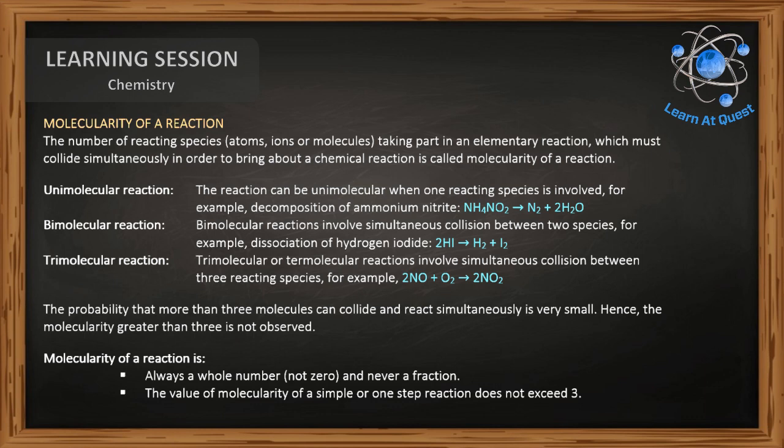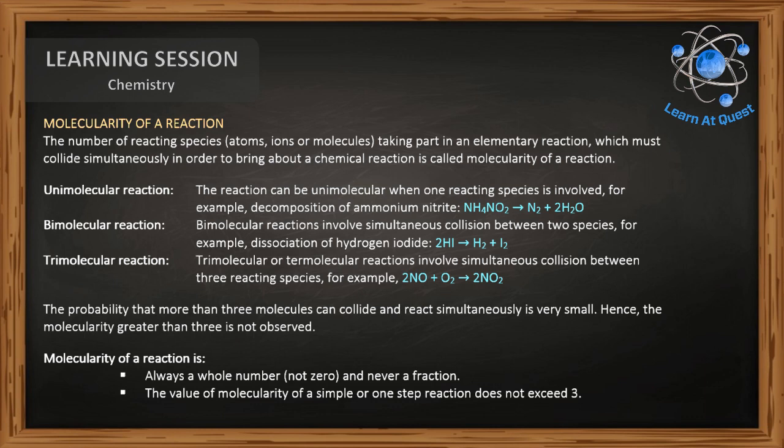The reaction is NH4NO2, which is ammonium nitrite, forms N2 plus 2H2O, that is nitrogen and water. Here, there is only one reacting species involved, hence its molecularity is equal to 1 and it's known as a unimolecular reaction.